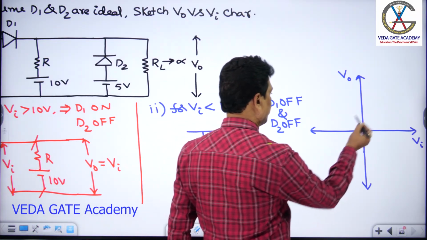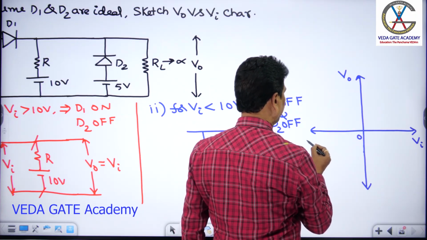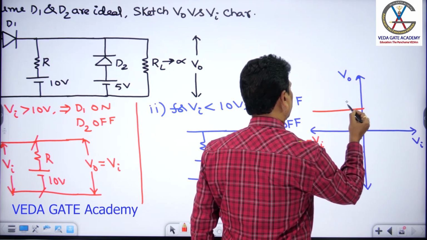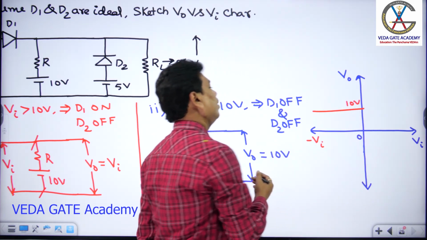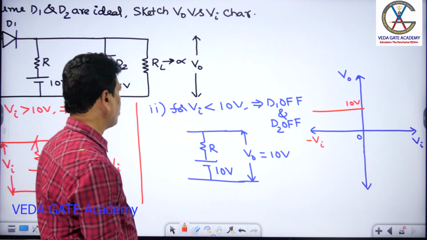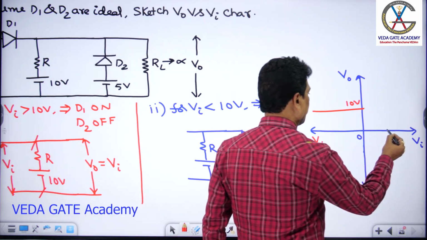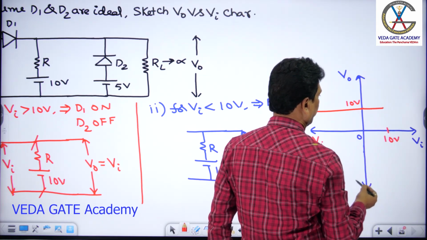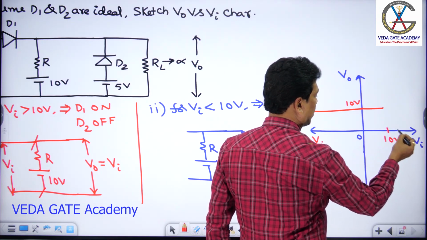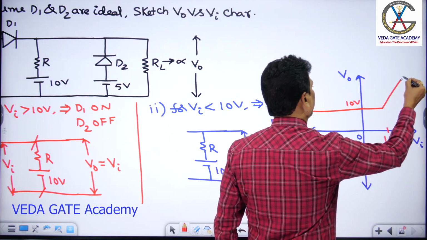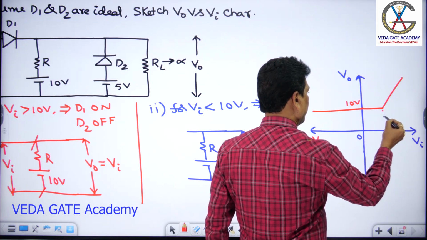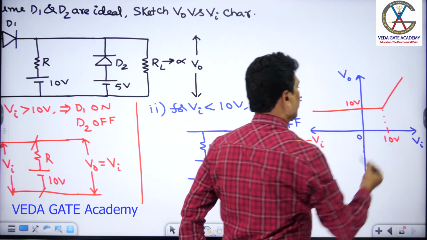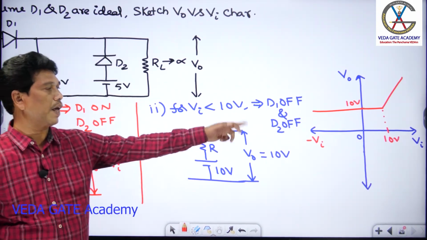This is negative Va, and like this it is 10 volt. Suppose this is Va of plus 10 volt. Up to that, V0 equals 10 volt only. Once Va crosses 10 volt, V0 equals Vi, like this. So up to 10 volt, V0 equals 10 volt, and for Va greater than 10 volt, V0 equals Va. That should be the transfer characteristic graph for this circuit.